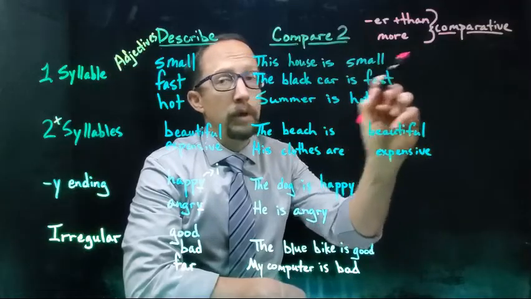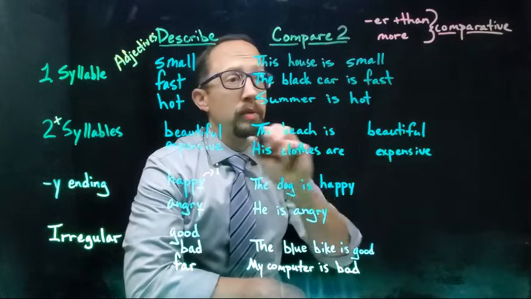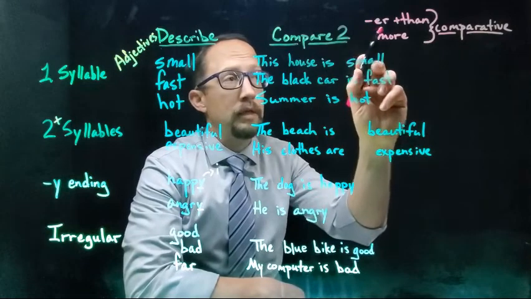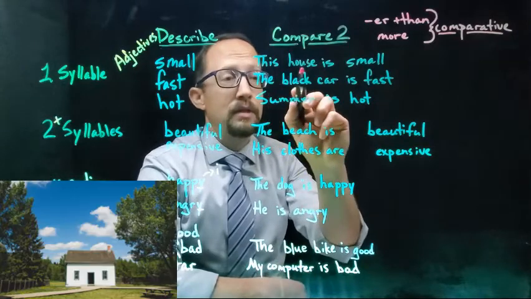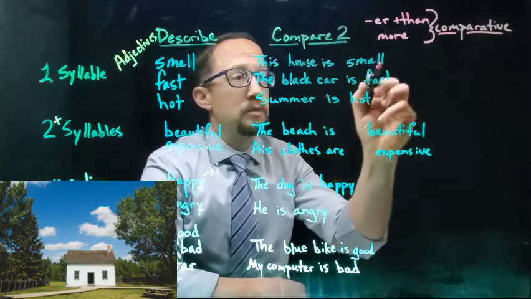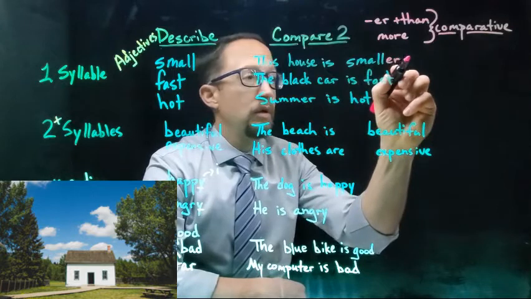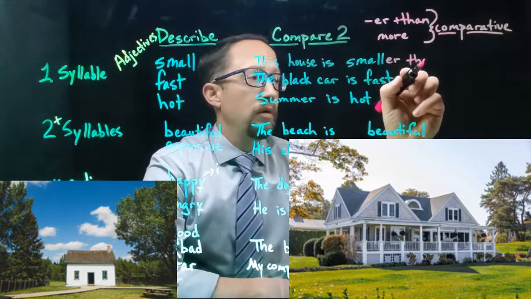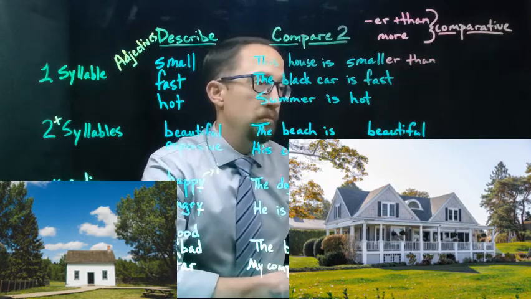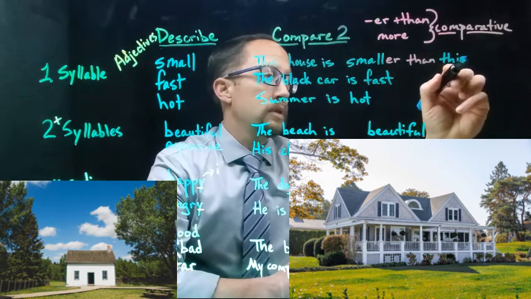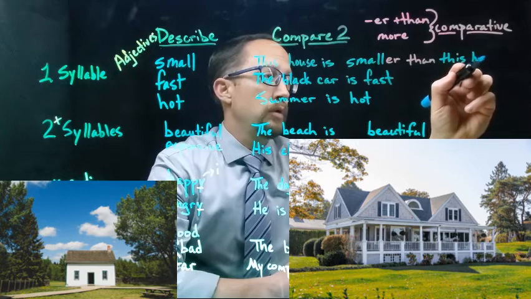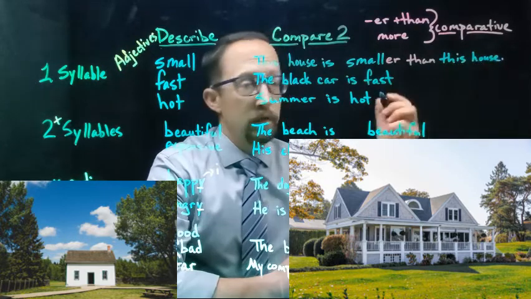For the comparative with one syllable, you add ER plus than, like this. This house is smaller than this house.